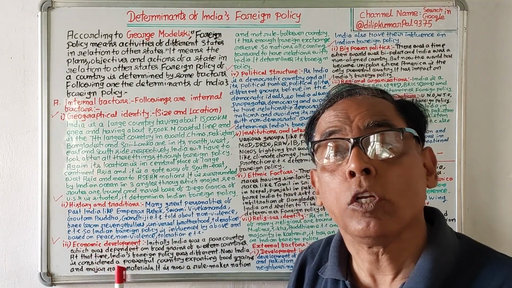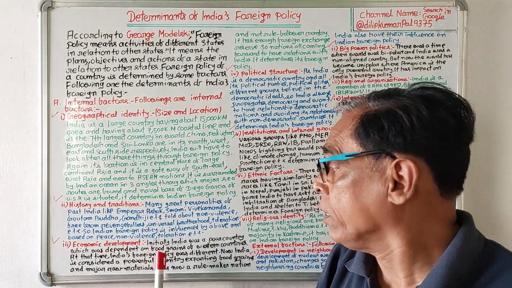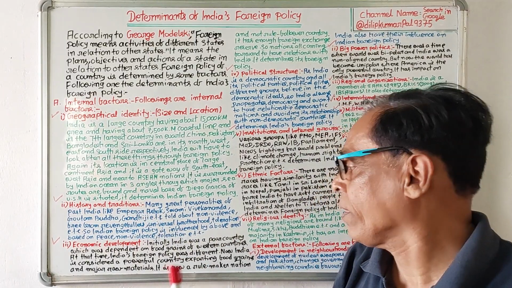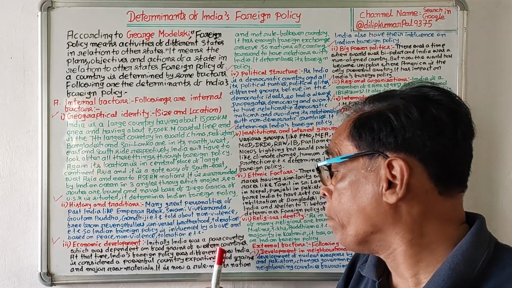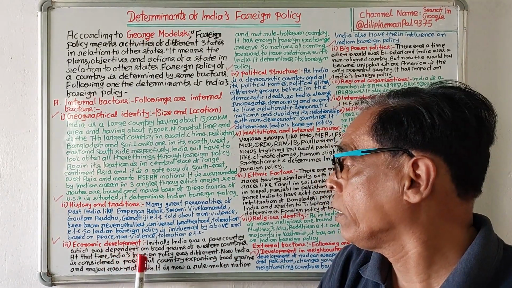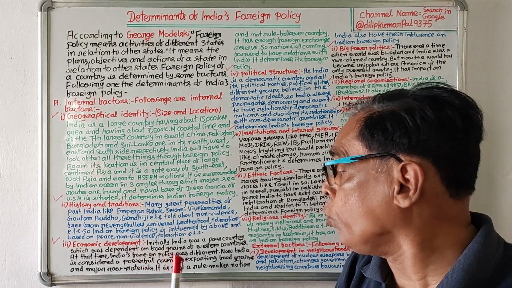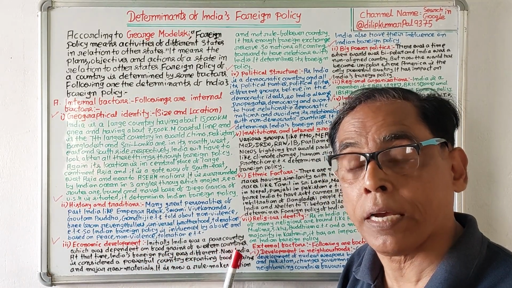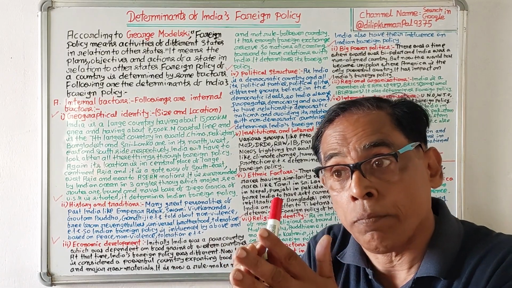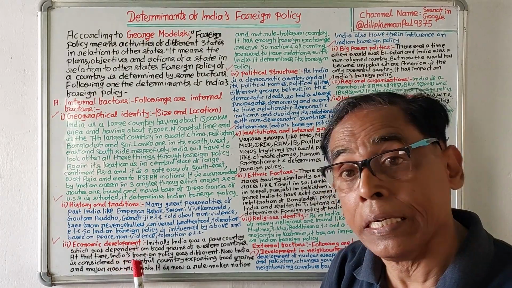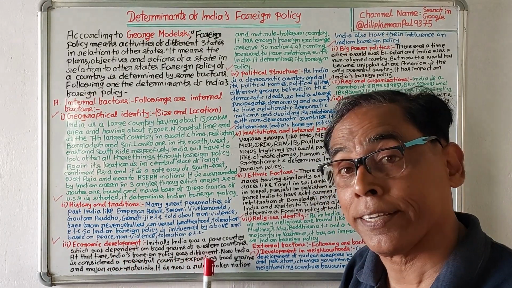Number 3, economic development. Economic development also determines India's foreign policy. Initially, India was a poor country, dependent on food grains from Western countries, especially America. At that time, India's foreign policy was different.